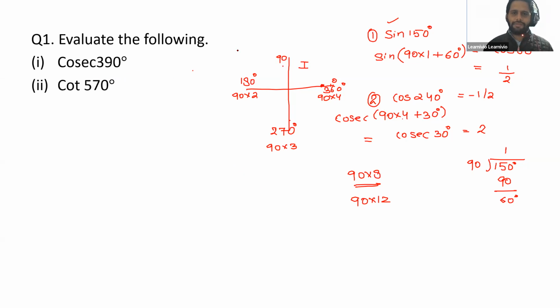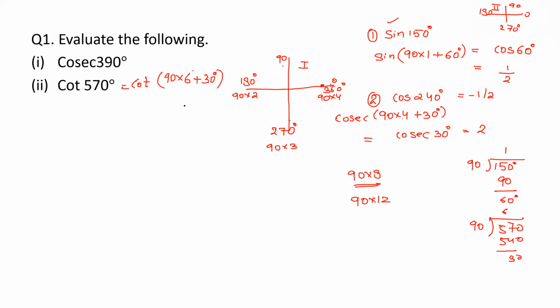So this has got 570. Okay, we will divide this. 570 is 540 plus 30. So this is what we got: 19π/6 plus 30. Okay, Yusra, you're getting the same one? Yes, sir. Okay, so this becomes cot 30 degree.